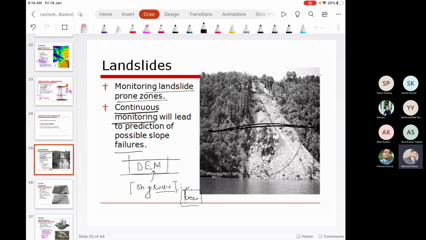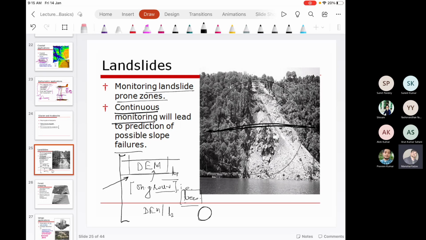You do it at a particular epoch. Then at a later time, again you do the 3D mapping using the LiDAR system. The same process you adopt, and you generate a DEM at time t2, which is the advanced time, and the DEM at time t1. If you differentiate these two 3D surfaces, you will get information about at what location you notice the change.